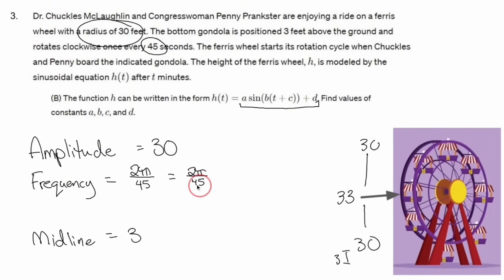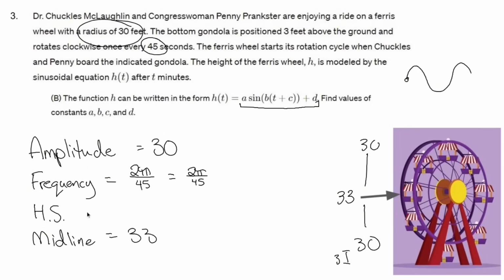Now, since we started this at sine, since this starts here and goes up and then down and then up and down, we start where sine is supposed to start, just shifted up 33. So what is my horizontal shift? Well, I don't have one. There is no horizontal shift.